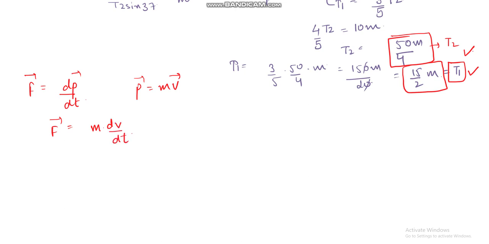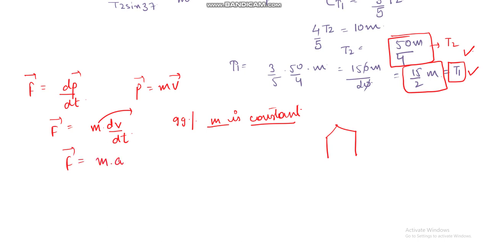The reason I'm taking m outside is that in 99.9% of cases the mass is given as constant. In 0.1% of cases the mass will vary, like in a rocket: when the rocket is moving upwards, the mass is changing with time. So F equals m times dv by dt. What is dv by dt? It is acceleration.